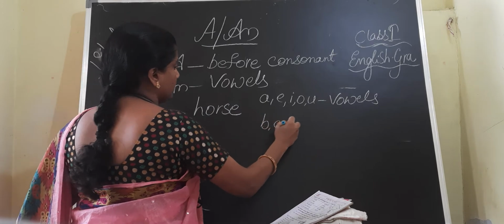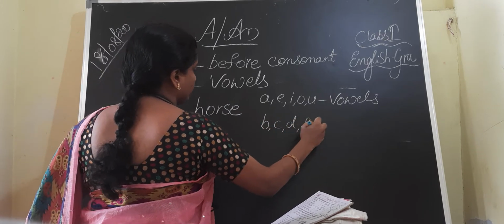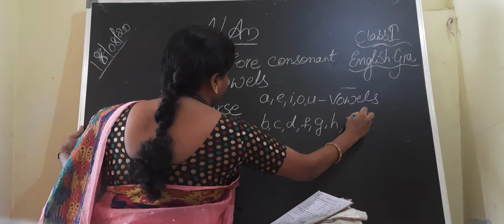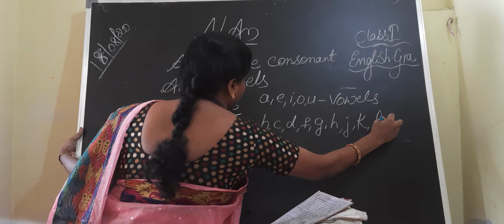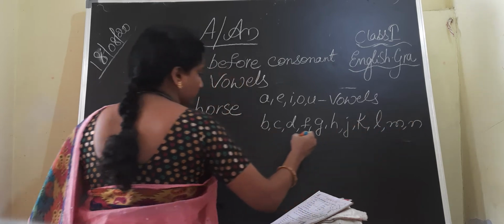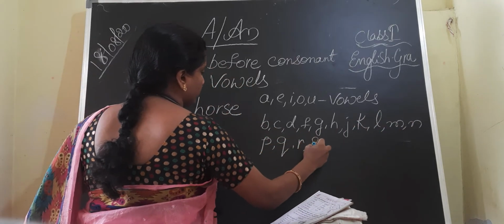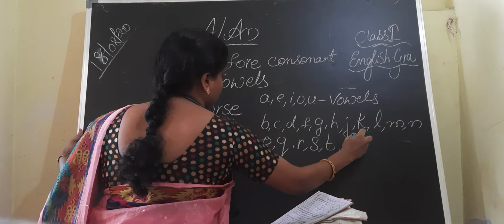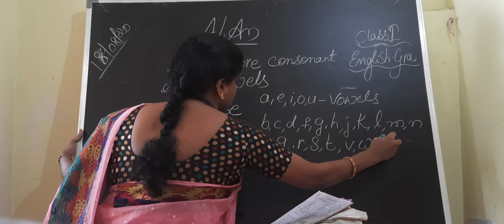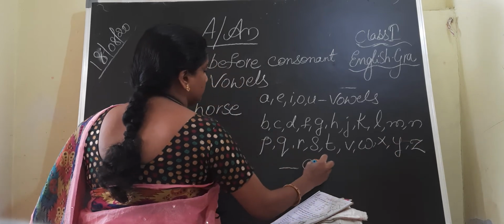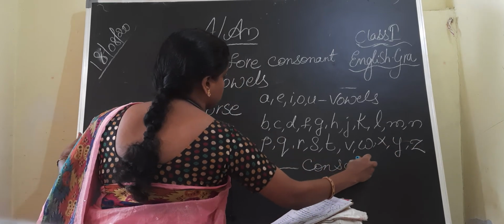B, C, D, F, G, H, J, K, L, M, N, P, Q, R, S, T, V, W, X, Y, Z. These are known as consonants.